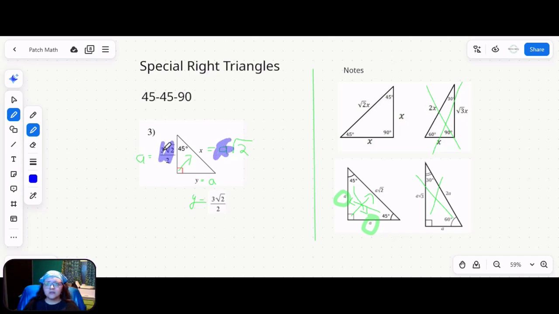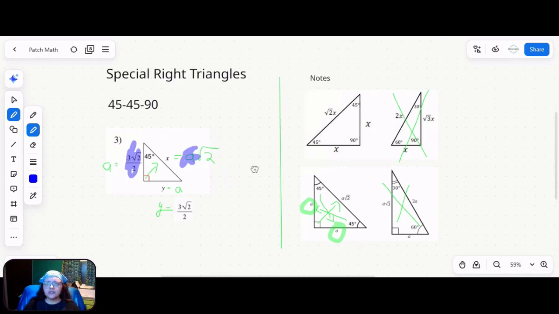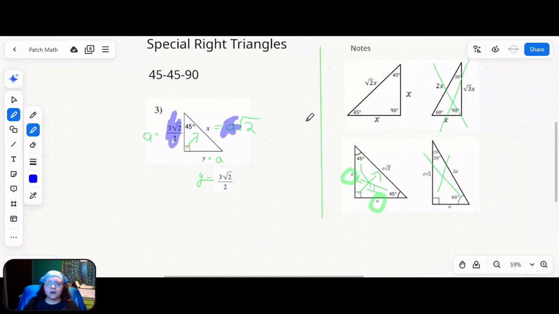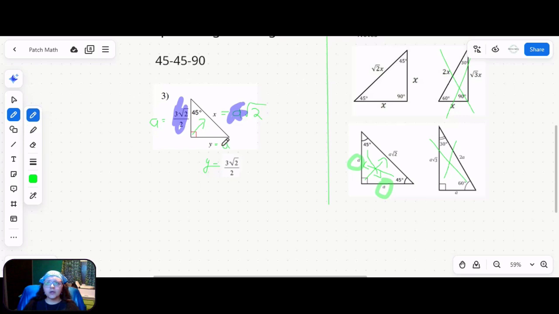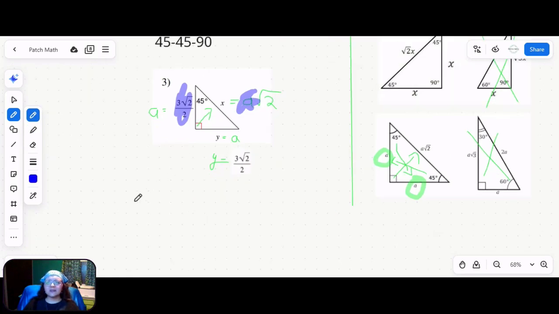Same a, substitution. I'm going to show that work down below because it is a little more complex. We see that x is equal to a, where a is equal to 3 square roots of 2 over 2, times square root of 2.